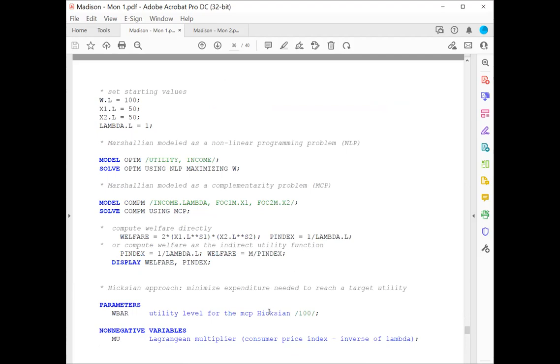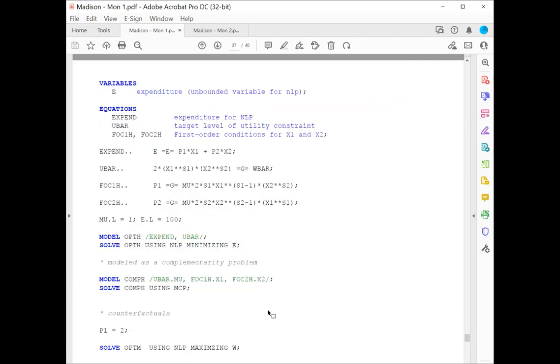So then the second version of the model, it just shows how to do that as the Hicksian problem, where the objective function is expenditure, and as an NLP, you're minimizing expenditure subject to this welfare constraint that you want to hit the welfare level U bar with the minimum expenditure possible.